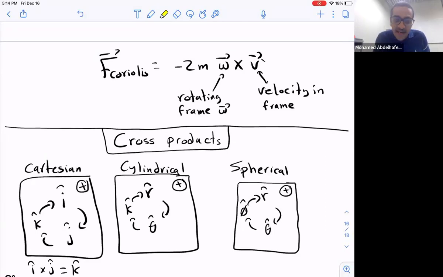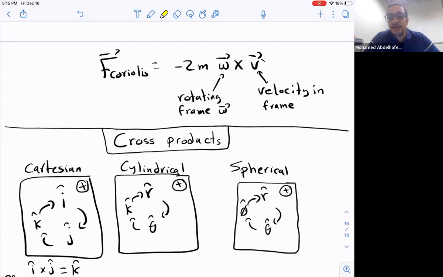V prime is velocity relative to the Earth, velocity in the frame. And omega is the omega of the Earth, the rotating frame. So the main thing you need to worry about is how to calculate the Coriolis force in different scenarios, which is basically how to perform this cross product, omega cross v. If you know what omega is and what v prime is, do the cross.